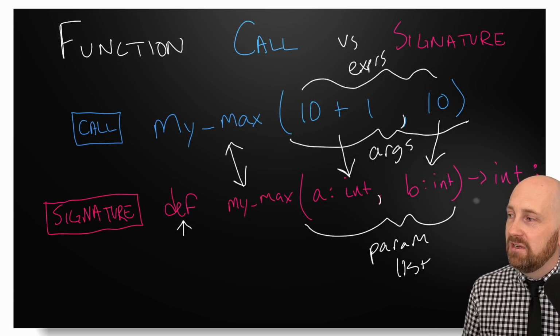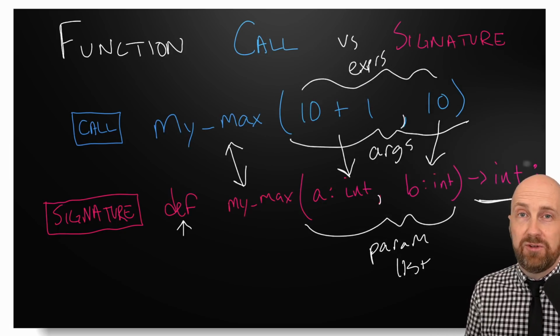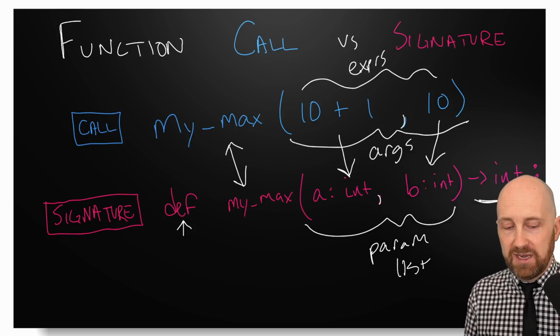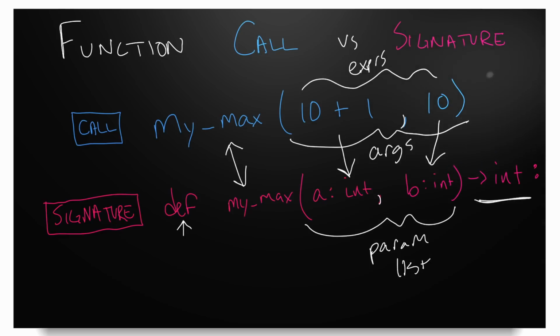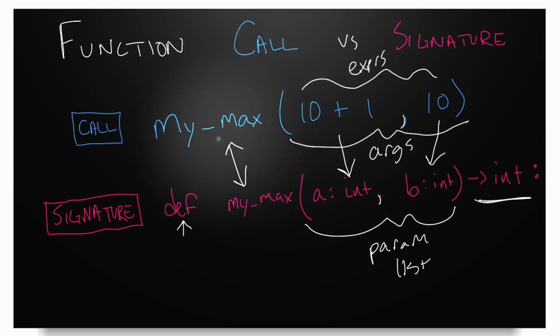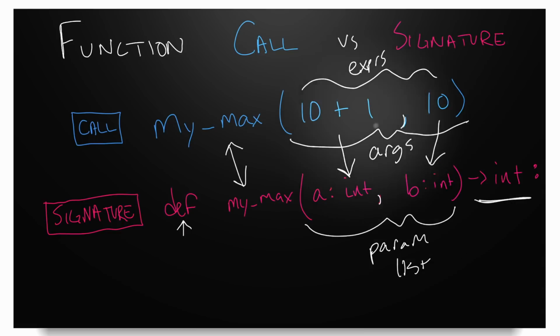And then in the function definition, you're going to see, and we're going to require, for our purposes, a function return type, right? And the return type tells us what this function call will evaluate to when you use it. But you're not going to see the return type in a function call. In a function call expression, the return type is implicit.